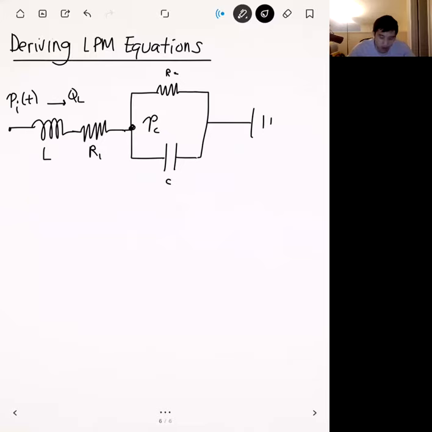Okay. And so you can see, the first thing that we have to do here is count the number of equations that we need to solve for. Remember, the way that we do that is we count the number of inductors and capacitors that we have in our circuit.